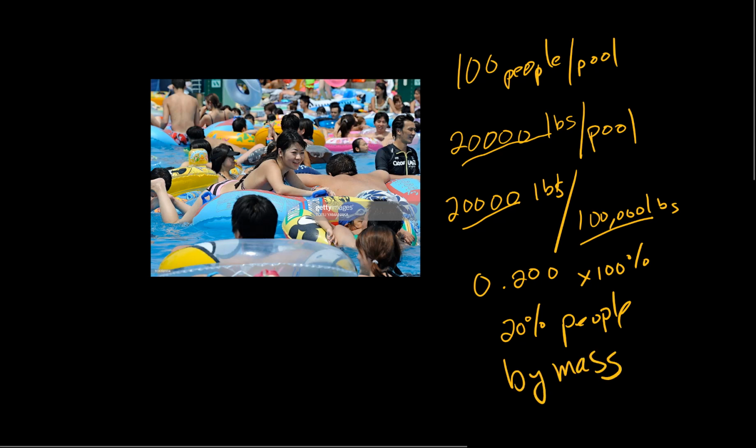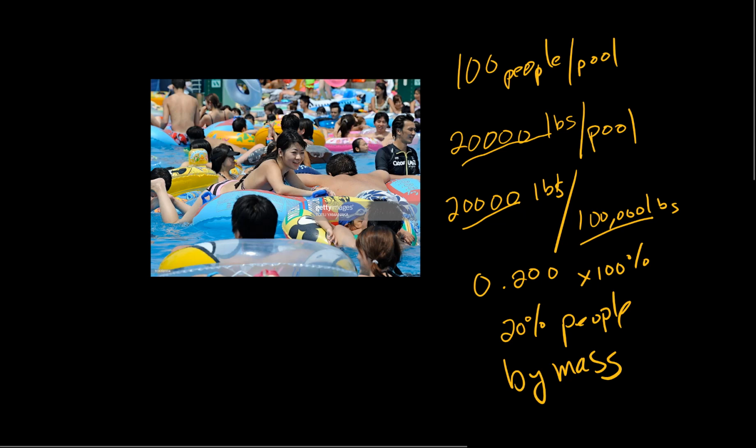You can see there's different ways of describing how crowded a pool is. We just say it's really crowded, but we can't really measure that. We say 100 people per pool, now we're getting somewhere. And then down here, we've got something that we would call percent by mass. If you take the mass of everything in that pool, including the water and the people, so that's the total mass, and you divide that into the mass of just the people alone, you're going to get a percent by mass.